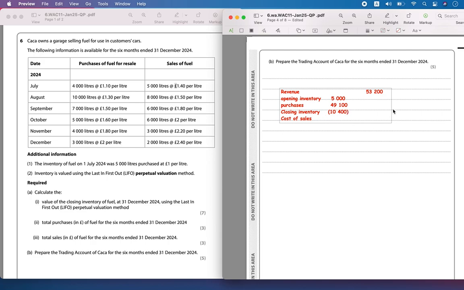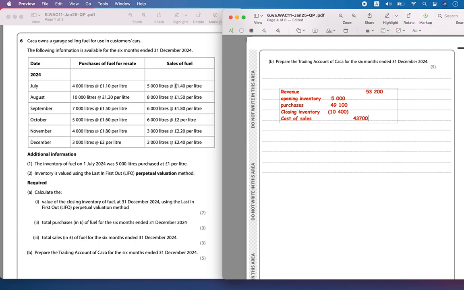So the cost of sales is going to be equal to 5,000 plus 49,100 minus 10,400, that is equal to 43,700.